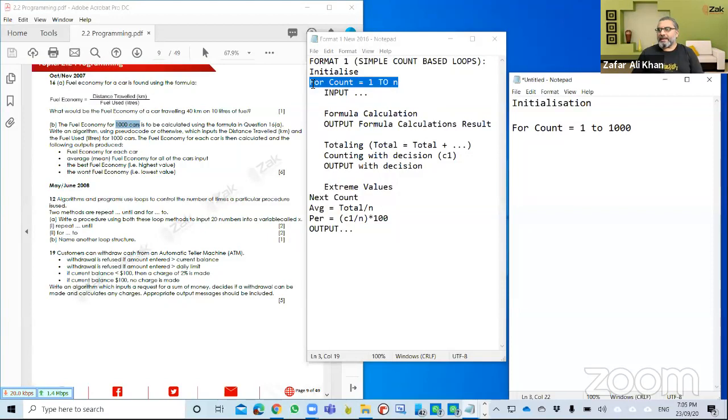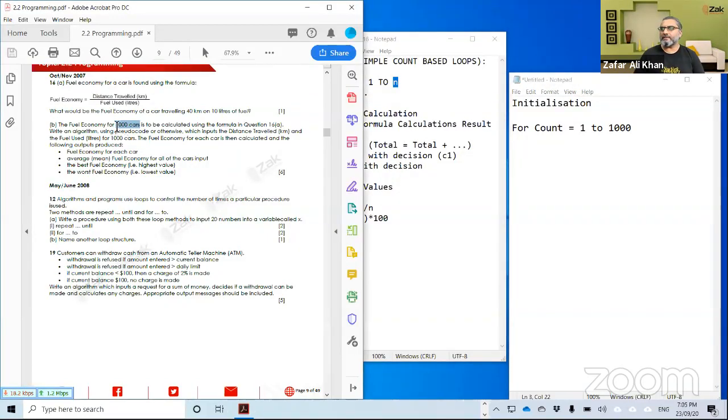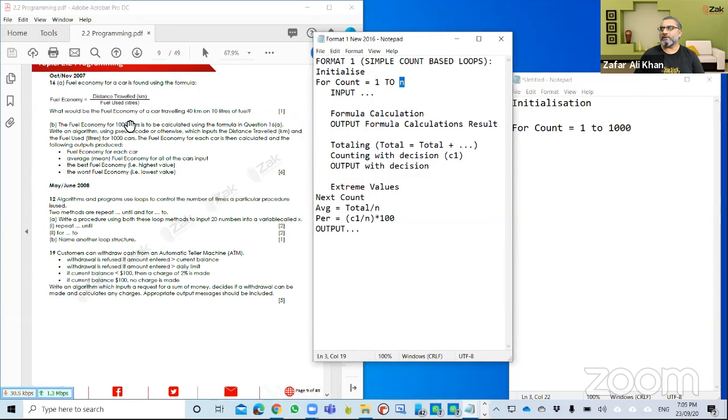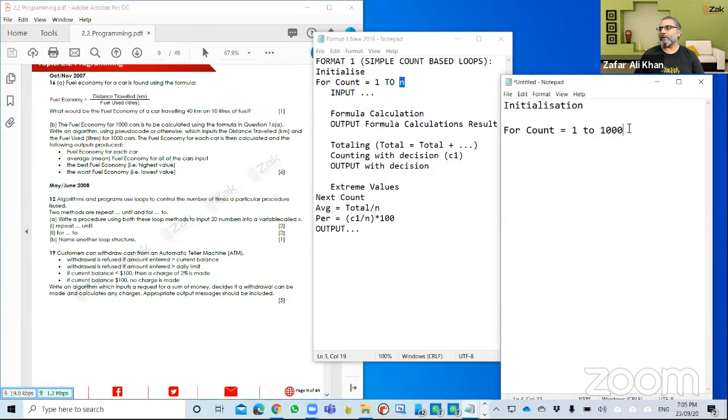So we have to take for count is equal to 1 to n, and we have to look where the n is in the question, and n is 1000. So this is for count is equal to 1 to 1000. Then input.